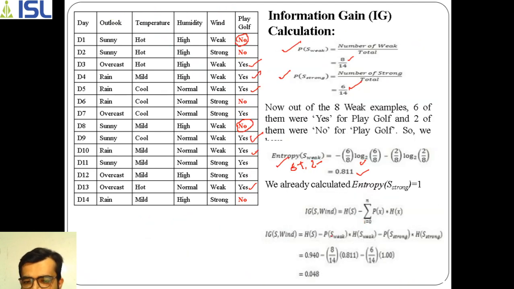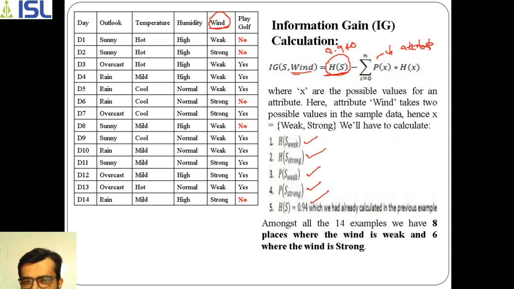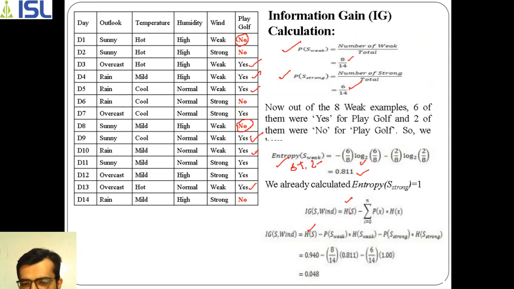Now we need to substitute all of this. First, H of S, the entropy of the complete set, which is 0.940, minus P of S weak into the entropy of S weak, which is 0.811.